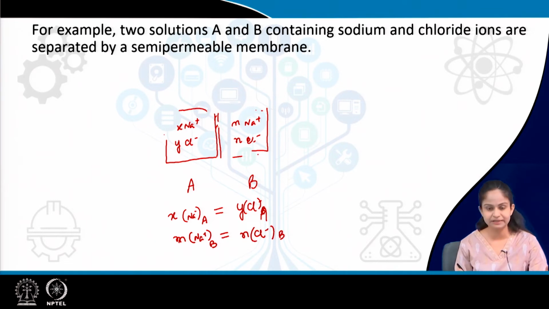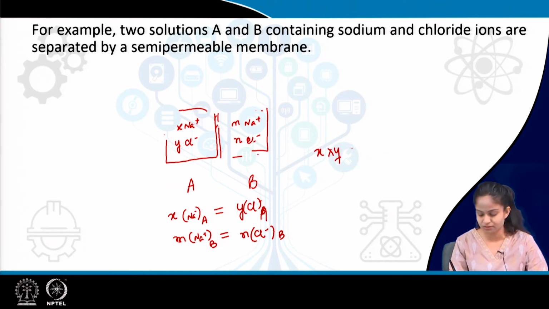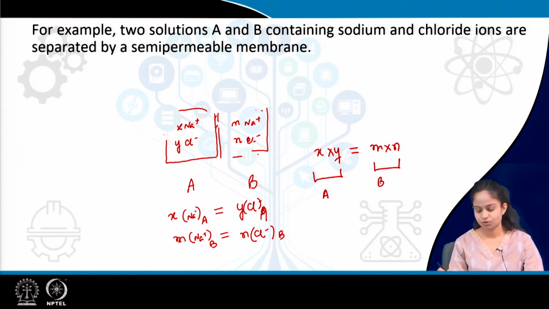The second rule is that since sodium and chloride are both diffusible, the product of x and y should equal the product of m and n. You can see these products x, y and m, n are of the diffusible ions.